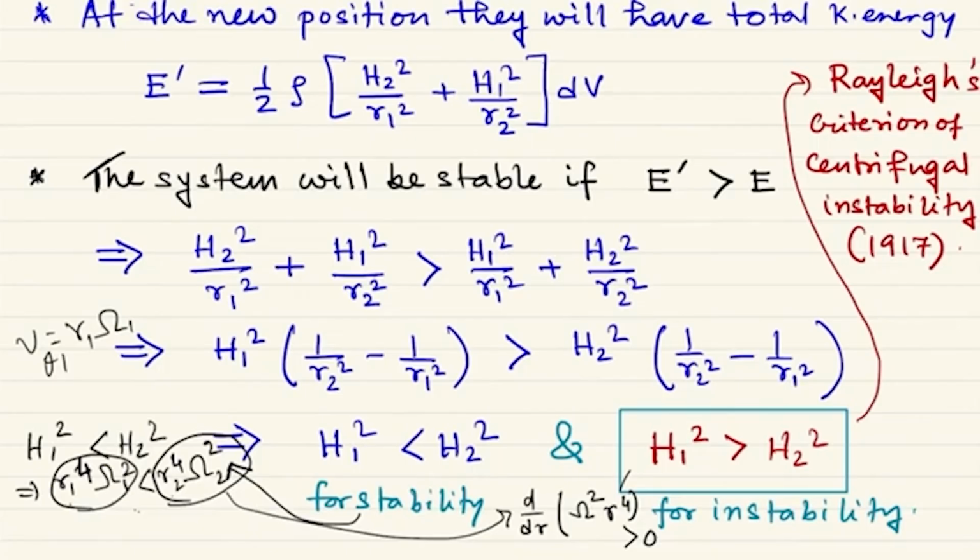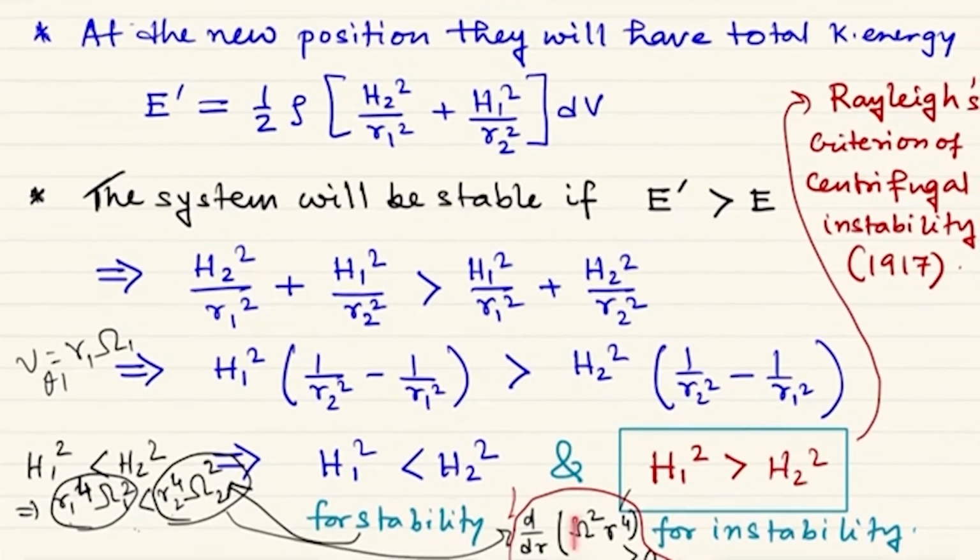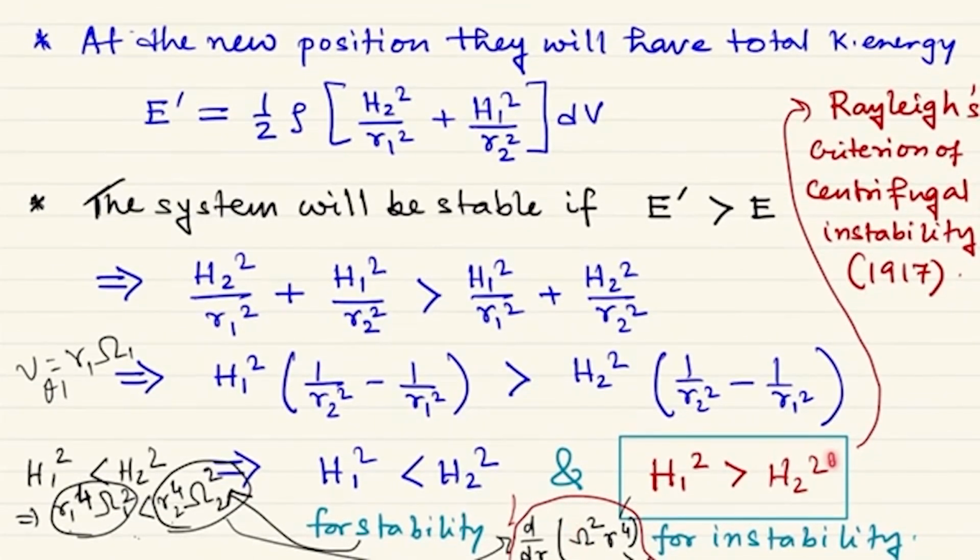This is known as Rayleigh's criterion for centrifugal stability, and the opposite condition is known as Rayleigh's criterion for centrifugal instability. Rayleigh derived this for the first time in 1917.